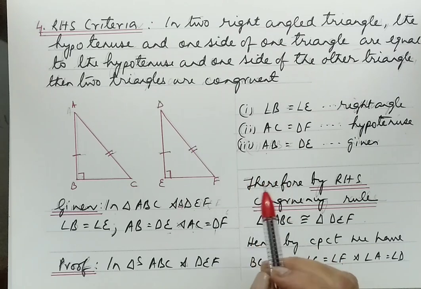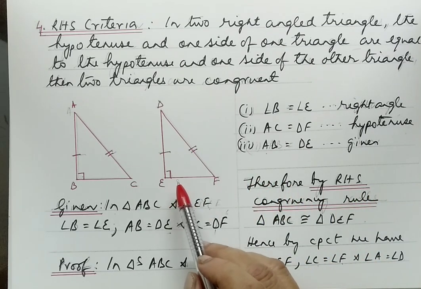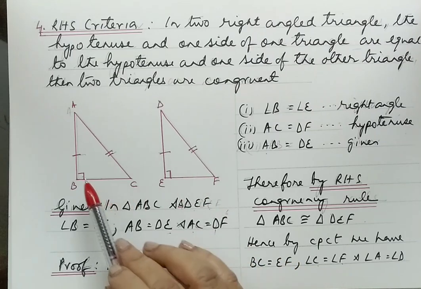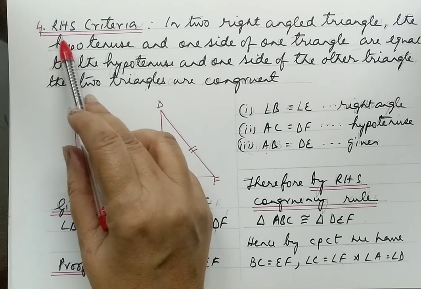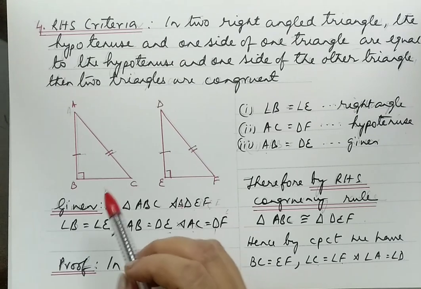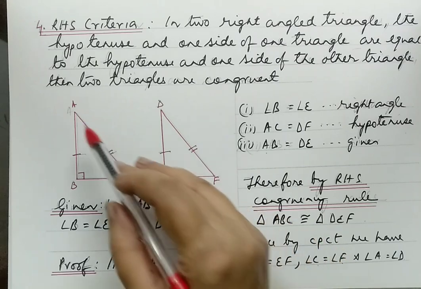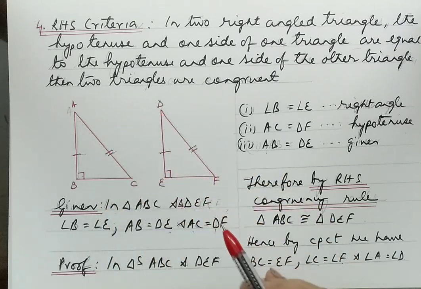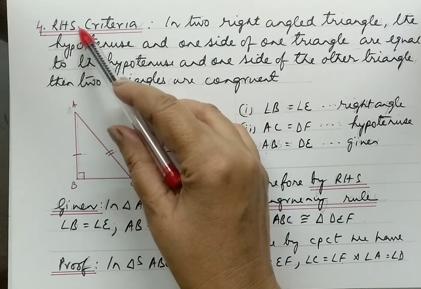Over here there is something more that I would like to add. Guys, don't just assume that since there will be a right angle in the two triangles, it has to be proved by RHS. Not really. Supposing they had not mentioned that AC is equal to DF, that they are the hypotenuse, in that case you cannot use the RHS rule.